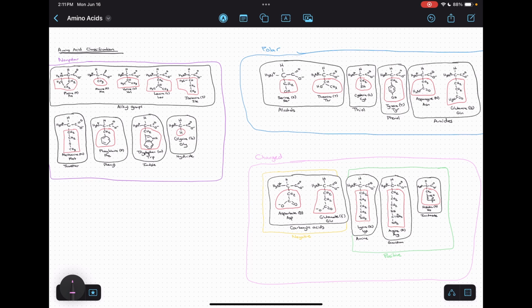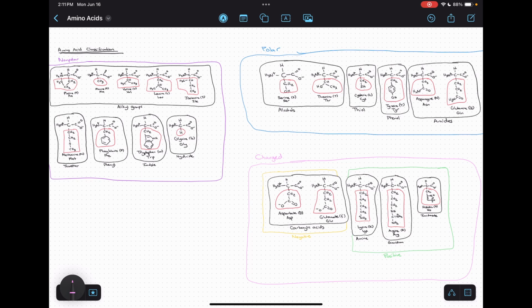And we have 3 broad categories for our amino acid classification, and then some subcategories within those. So we have the nonpolar amino acids, which are boxed in purple here. We have the polar amino acids, which are boxed in blue. And then we have the charged amino acids, which are boxed in pink.